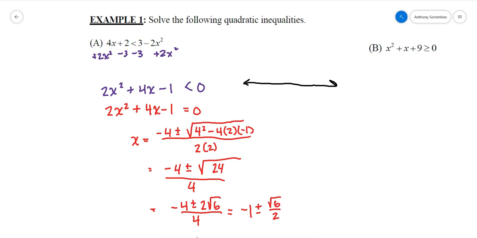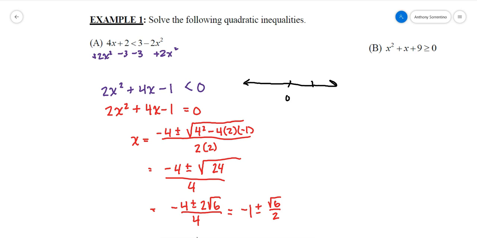-1 plus the square root of 6 over 2 is about equal to 0.2247. So I'm going to note where 0 is, although it's not something I want to mark on my number line specifically.